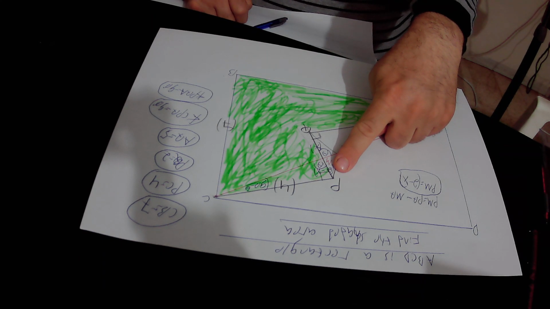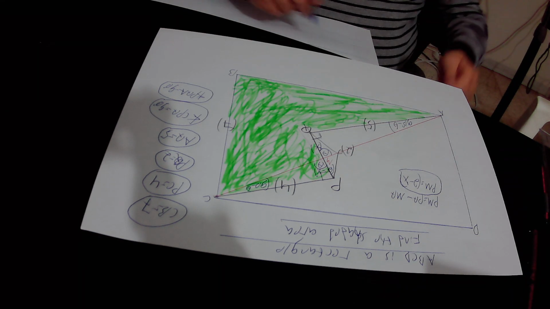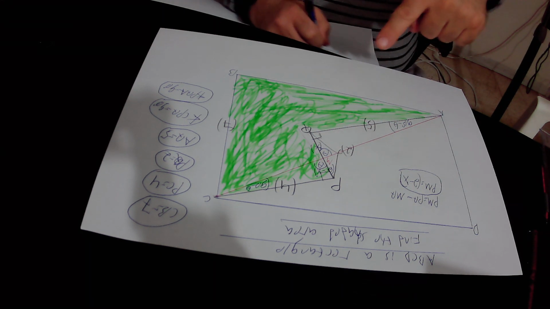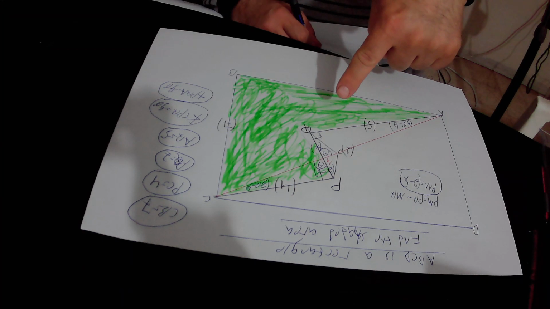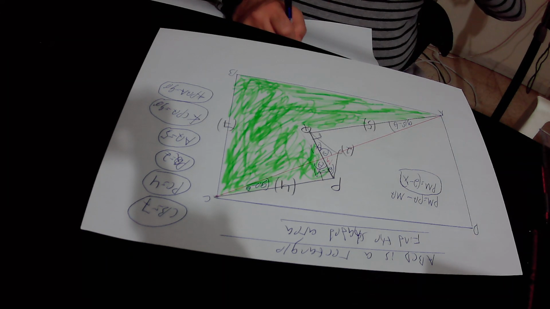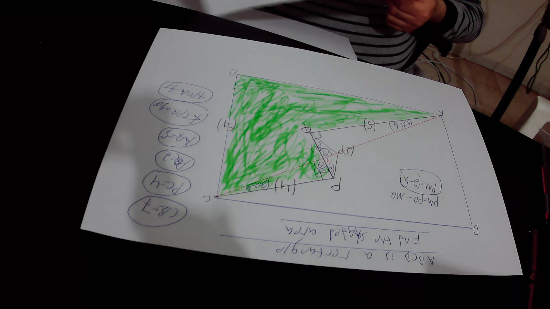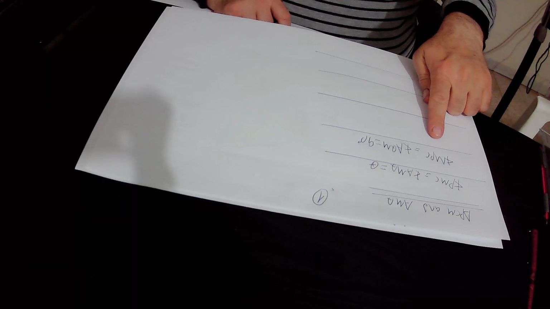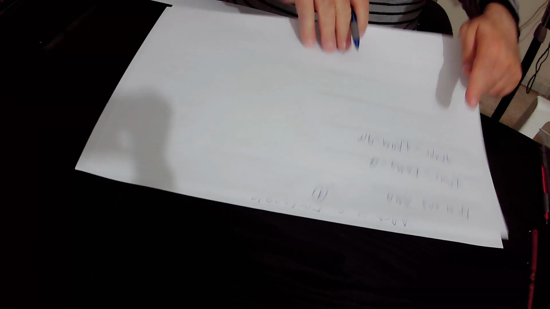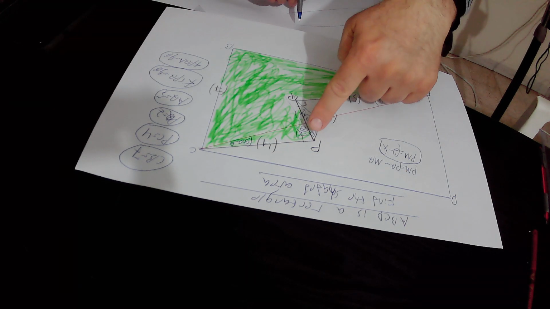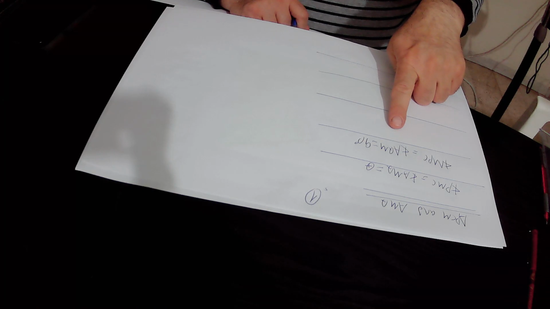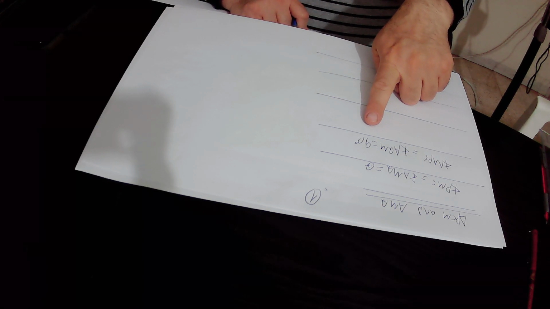So this is angle MPC in the right green triangle PCM, and it is equal to this angle, angle AQM in the right triangle AMQ. Repeating again, angle MPC in the right green triangle PCM equals angle AQM in the right triangle AMQ. They are both equal to 90 degrees, therefore they are equal to each other.